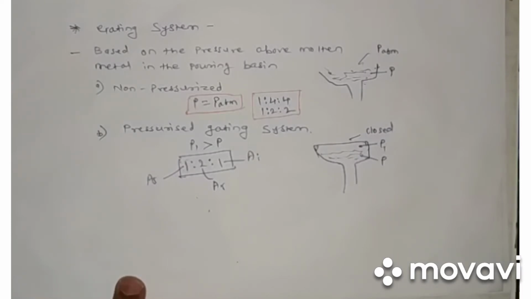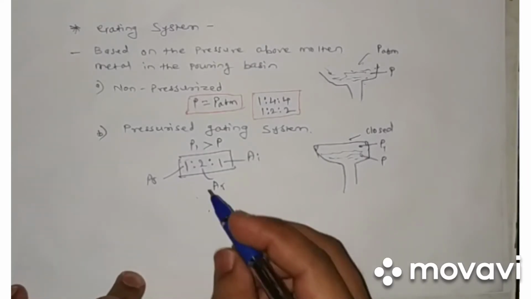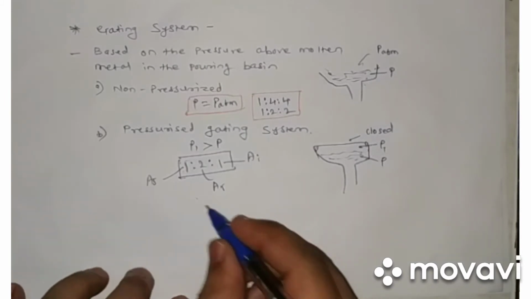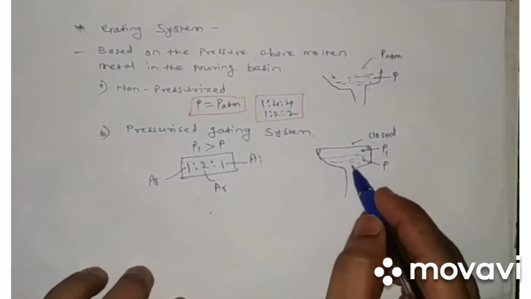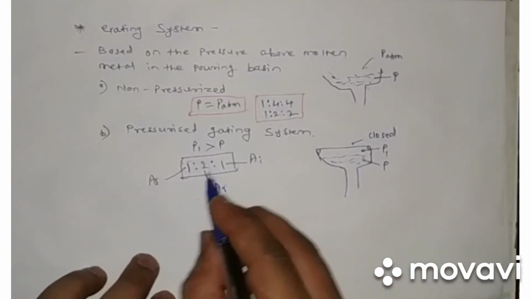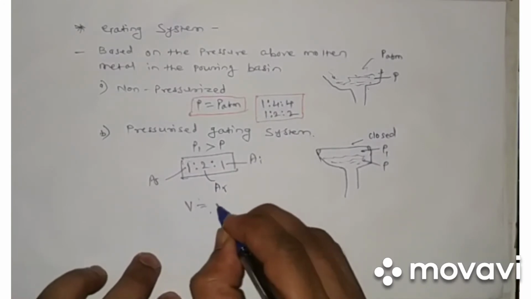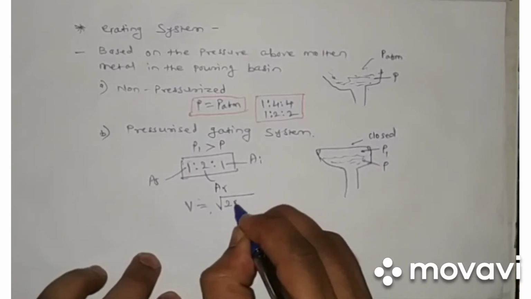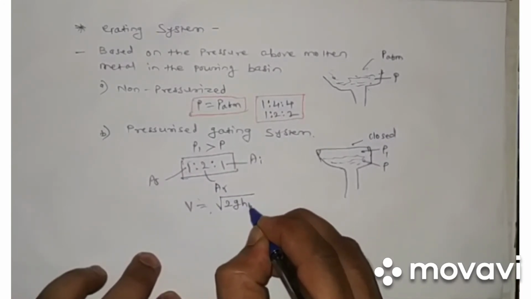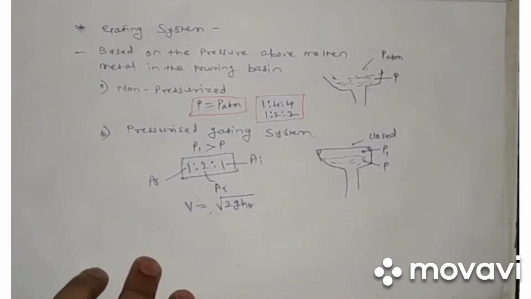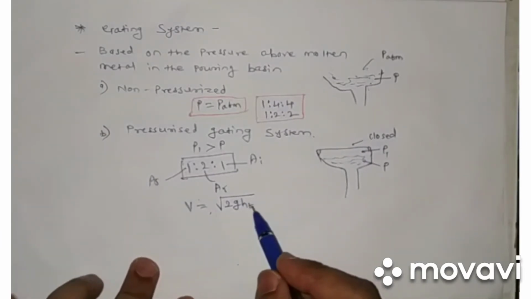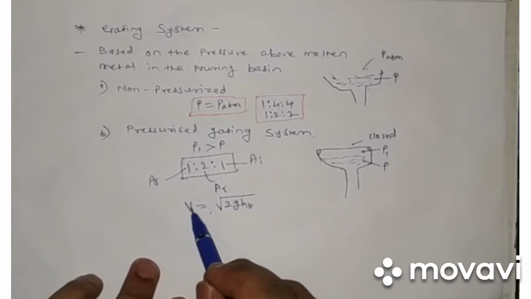And another advantage of this system is very important. Let's understand this. Now the velocity of the flow, we know, is given as root 2 times g into ht. This is the head which is acting and which is responsible for this velocity.